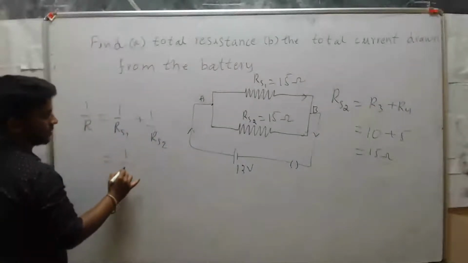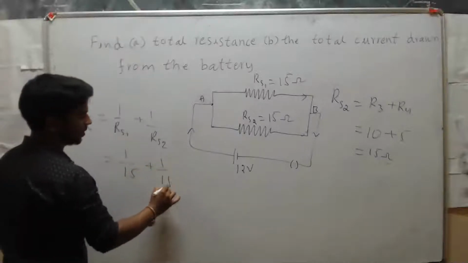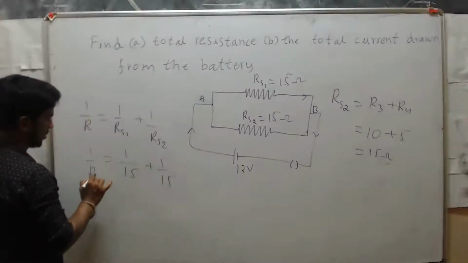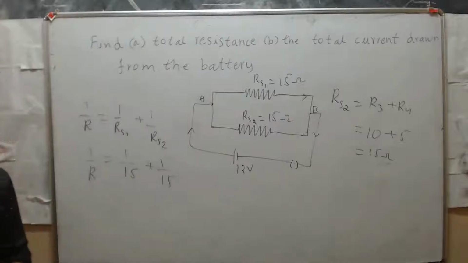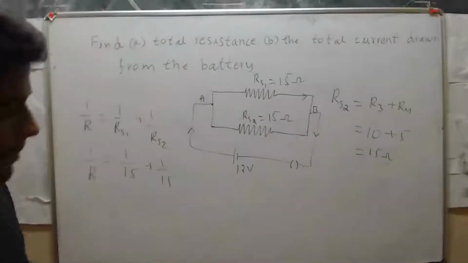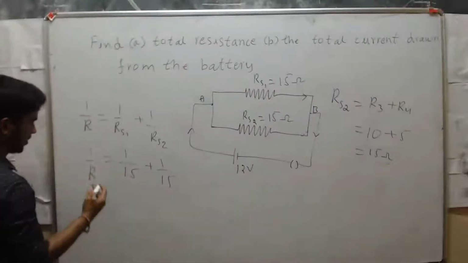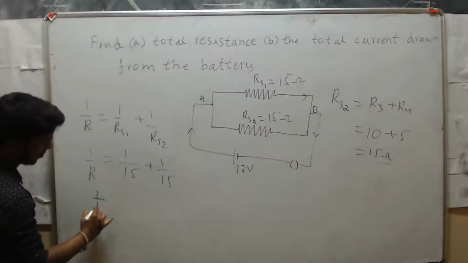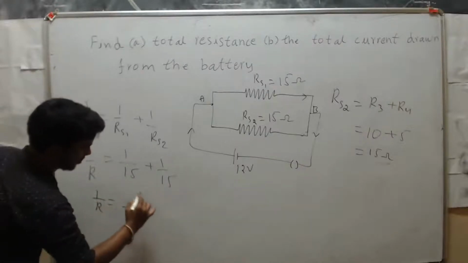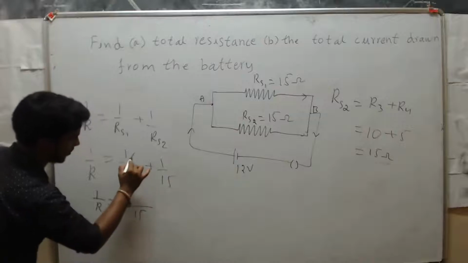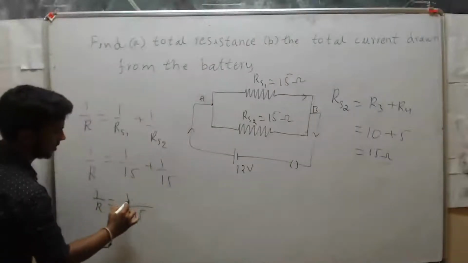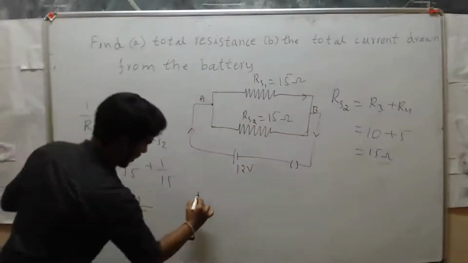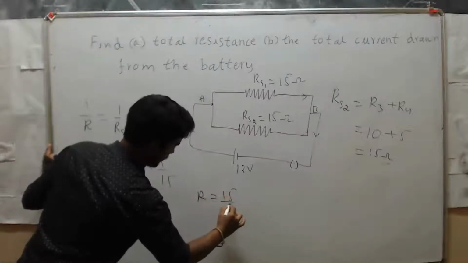That is 1 divided by 15 plus 1 divided by 15. So 1 by R is equal to, LCM is 15, only write 1 plus 1. So R is equal to 15 by 2.